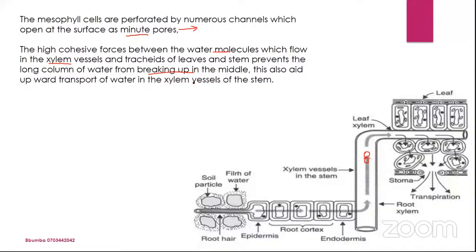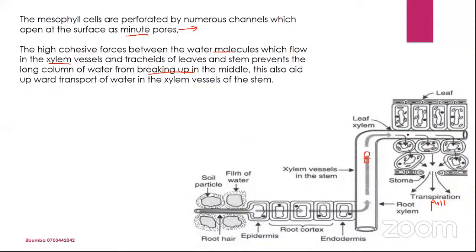in the xylem. So in summary, the forces which are going to be involved, majorly it is the transpirational pull. Once water is lost by transpiration, it makes these cells surrounding the xylem to have a low water potential.